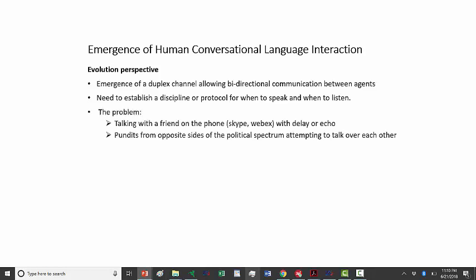And you can understand the problem in talking with a friend on the phone, Skype, WebEx, where there's some delay or echo, and it's very difficult to maintain the proper phasing. When you're talking, your friend should be listening, and so on, conversely. And you see that when you have people debating on cable TV and attempting to talk over each other.